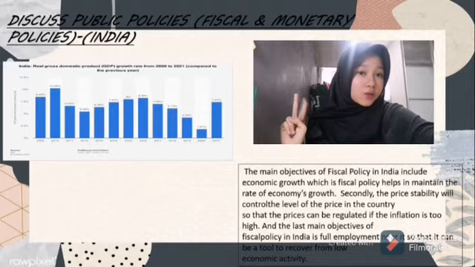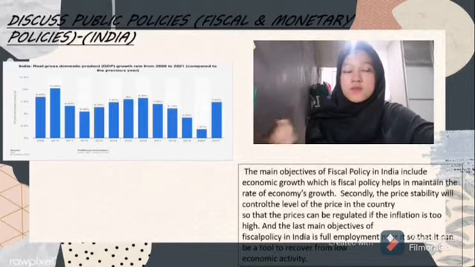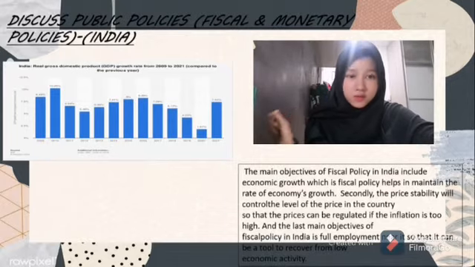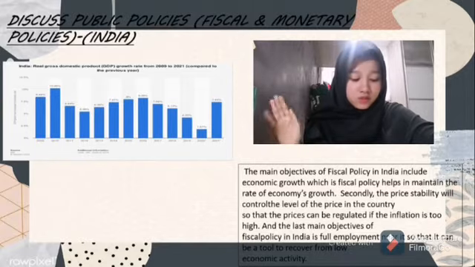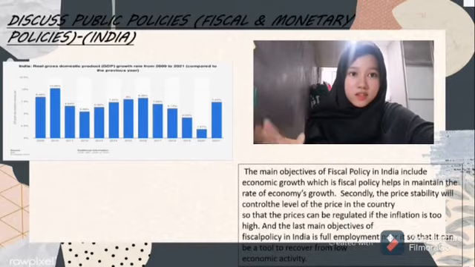Secondly, price stability controls the level of prices so that they can be regulated if inflation is too high. The last main objective is full employment, so that it can be a tool to recover from low economic activity.